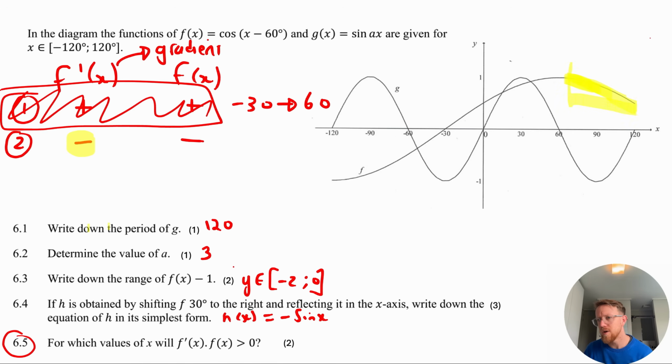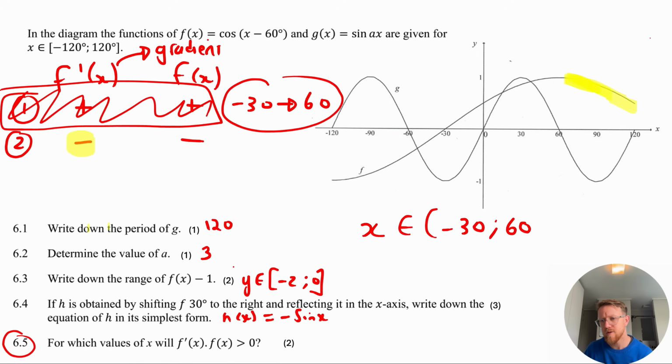Well, no, not in that area there. I can see it is below the x-axis here, but that's not in the same area. So there's no overlap. So this part here doesn't give us any other solution. And so then our only solution is this. Now, obviously, we can't write it like that. So you can either write it as minus 30 up to 60 like that. Or if you prefer set builder notation, you can go from minus 30 up to 60.